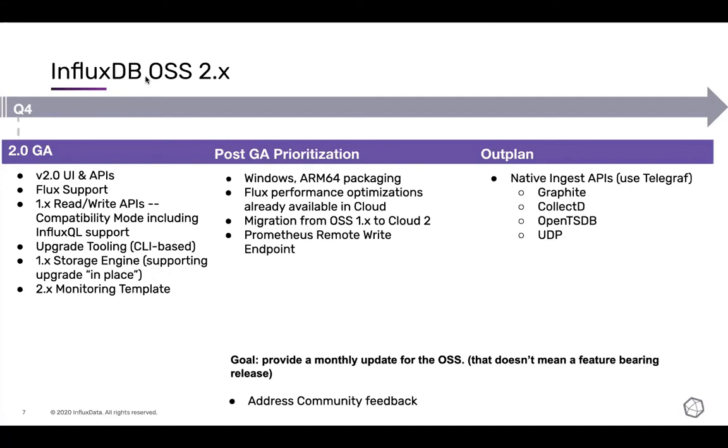This includes support for Graphite, CollectD, OpenTSDB, and UDP. Those are currently not planned to be added to the open source or the cloud editions of 2.0. Effectively, our recommendation is to use Telegraf as the means for translating all of those protocols into line protocol, which is what InfluxDB supports directly.